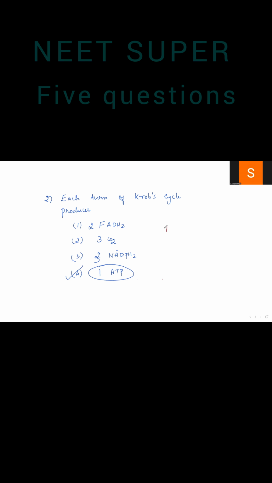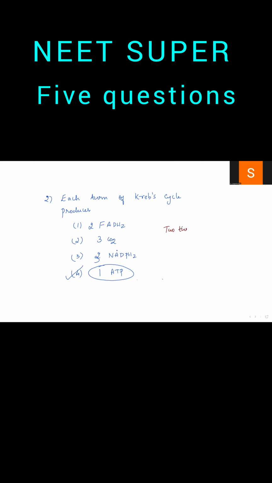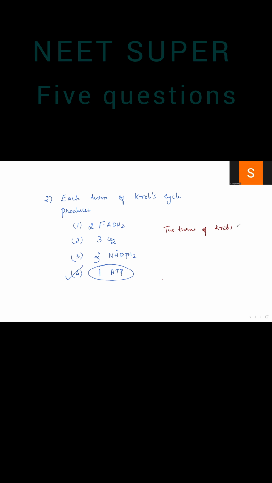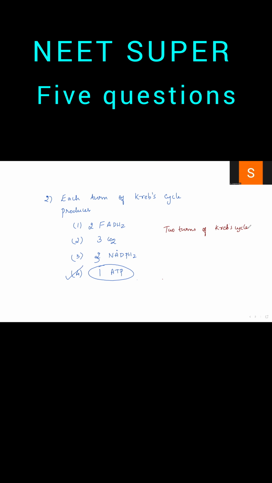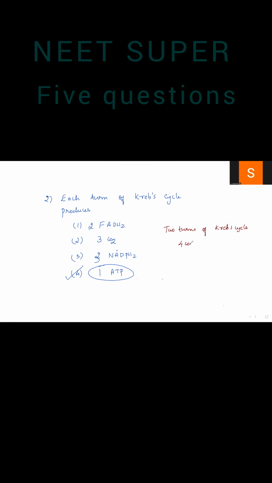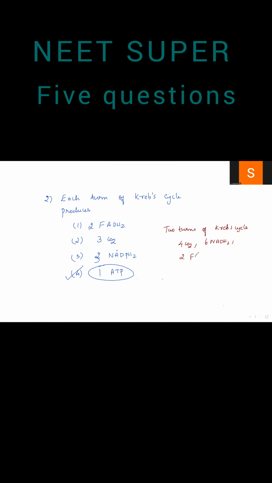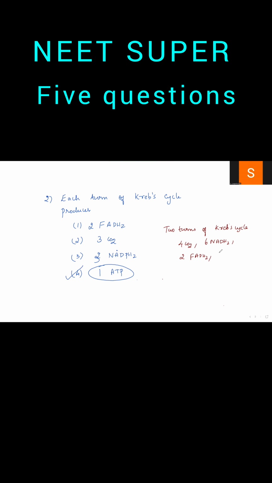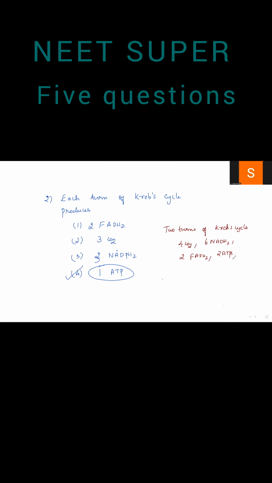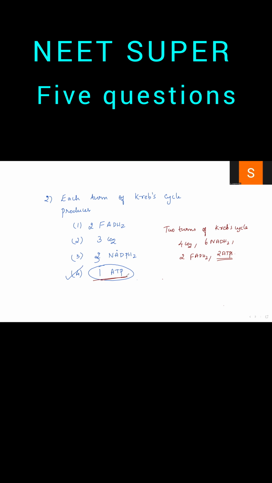Because in 2 turns of the Krebs cycle, it releases 4 carbon dioxide, 6 molecules of NADH2, 2 molecules of FADH2, and 2 ATPs. So when it gives 2 ATP in 2 turns, in 1 turn 1 ATP is the correct answer.